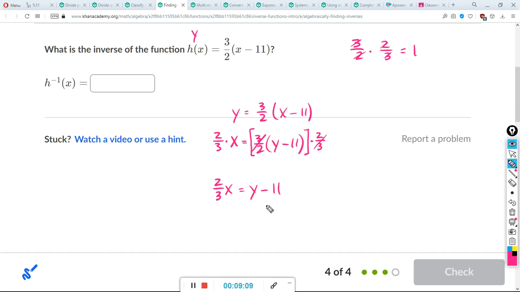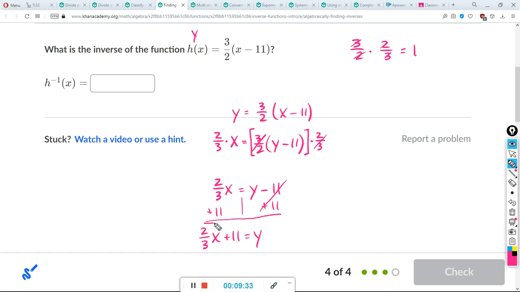Solving for y, we just add 11 on both sides. We have 2/3 x plus 11. Bring down the equal sign. Bring down the y. Negative 11 plus 11 is gone.